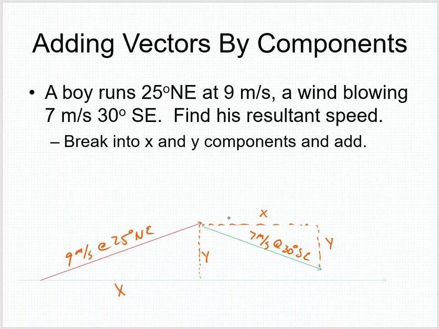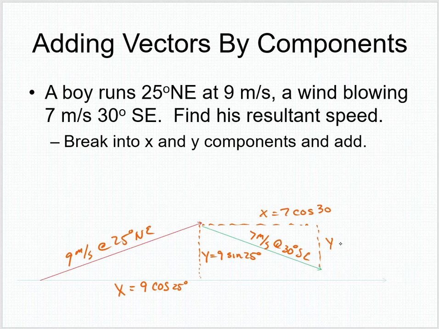I've already written in the x and y, so this first one I'm going to say x equals 9, because that's my hypotenuse, cosine 25. This one here is going to be y equals 9 sine 25 degrees. This is going to be x equals 7 cosine 30 degrees.